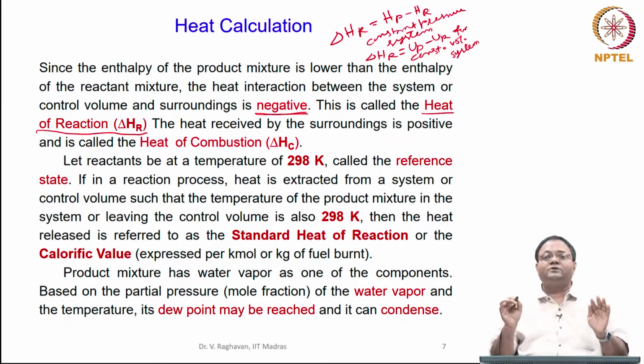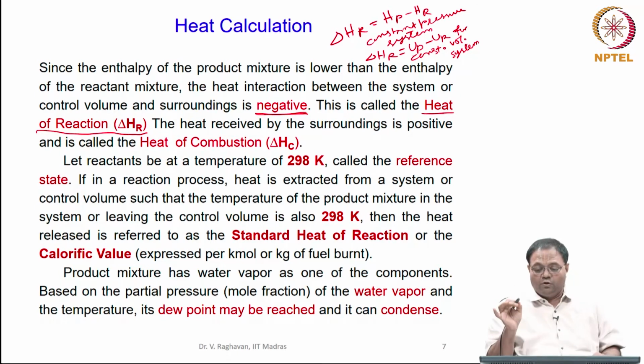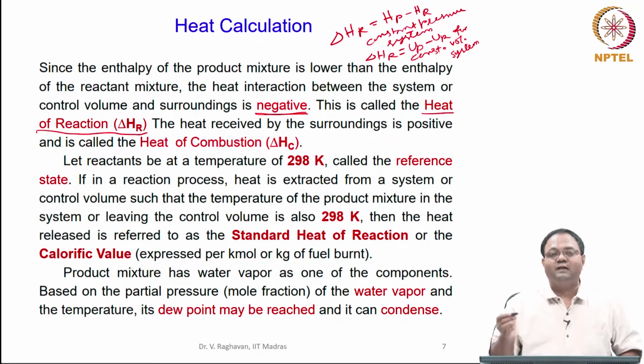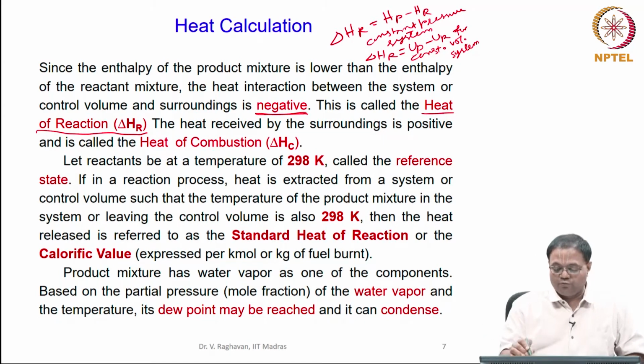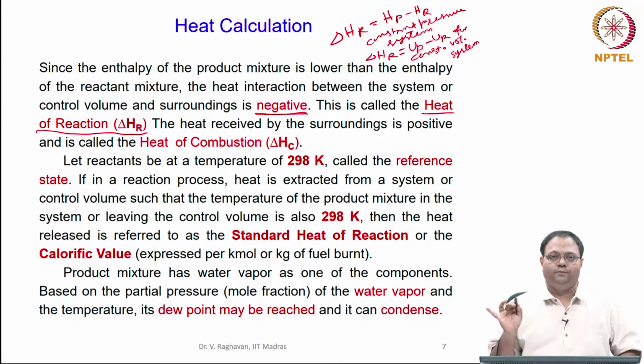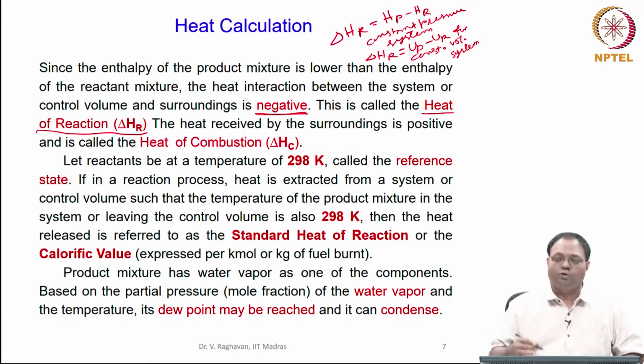So delta HR is the heat of the reaction. Since Hp is lesser than Hr, or Up is lesser than Ur, you get delta HR as a negative quantity, implying that the heat is rejected from the system or control volume to the surroundings.